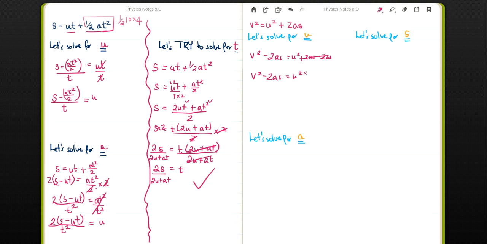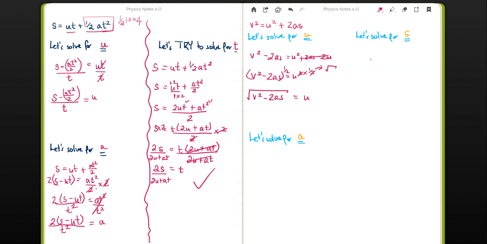To get rid of this squared, you take the square root, and you do it to this entire thing as well. Everything on this side is under the square root. So it's going to be the square root of v squared minus 2as equals, this goes and this goes, so you're left with u.